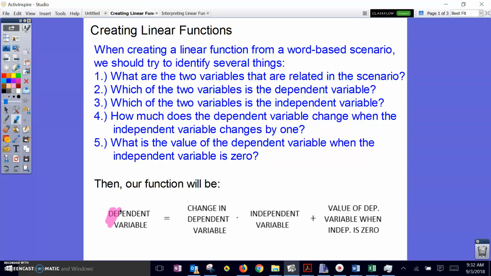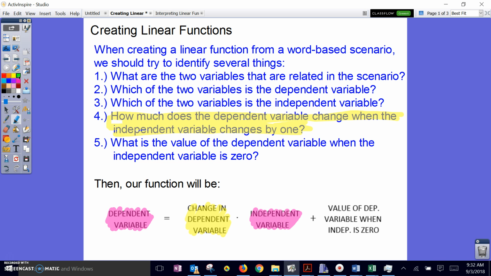We'll take our dependent variable, that's going to stand alone on the left-hand side of our function, and whatever value we found for the change in the dependent variable when the independent variable changes by 1, we're going to multiply that by whatever the independent variable is, whatever letter we pick for that.